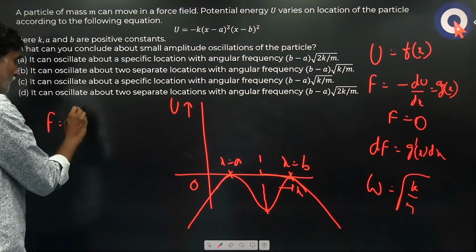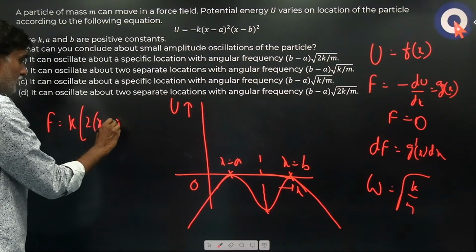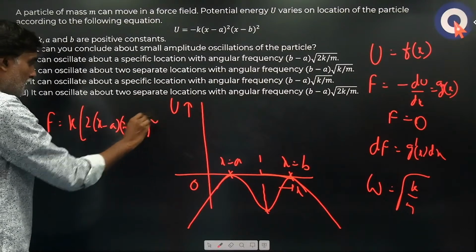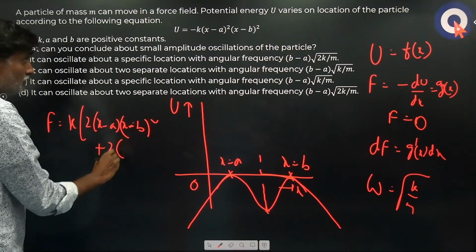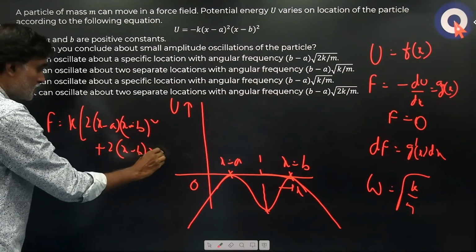K into, first term if I differentiate, I will get 2 into x minus a into x minus b whole square, plus second term if I differentiate, 2 into x minus b into x minus a whole square.